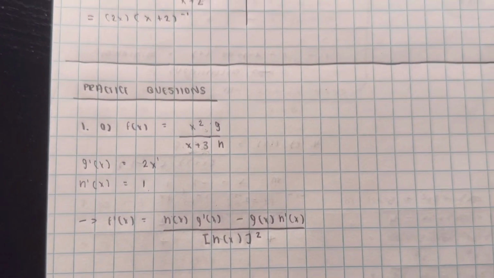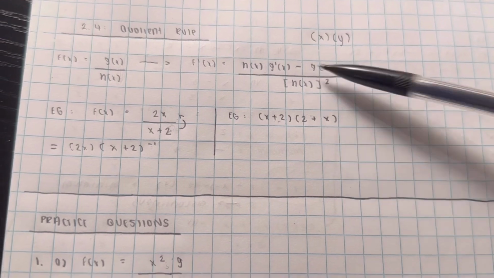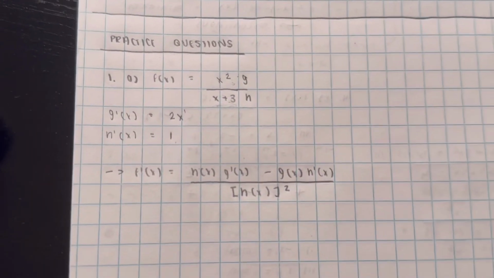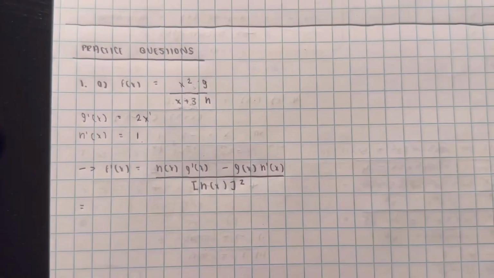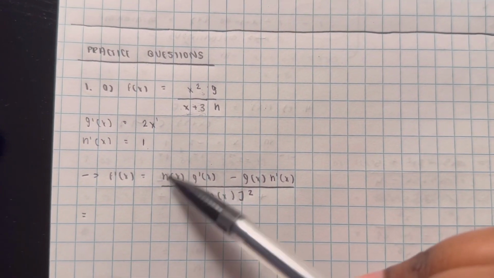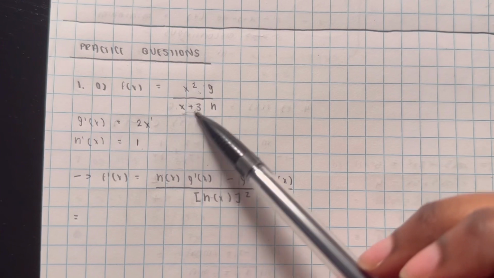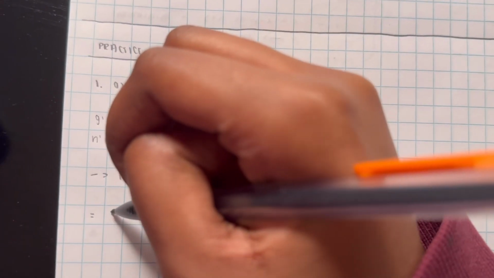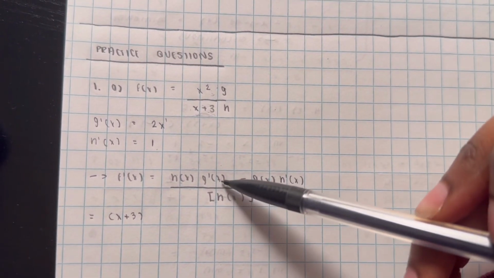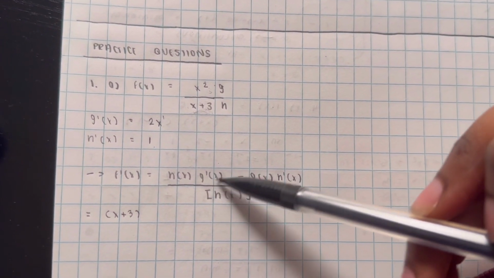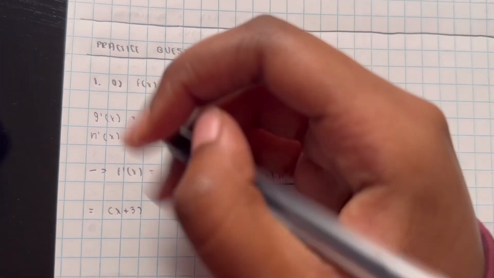To make it easier, we just bring the formula down here for the quotient rule. And all we have to do now is pretty much plug in all the values that are needed in it. So to start from the top, we can get h of x regularly, which is identifiable by here. So we would write x plus 3. Then it would be multiplied by g prime of x, or the derivative of g, which is 2x.